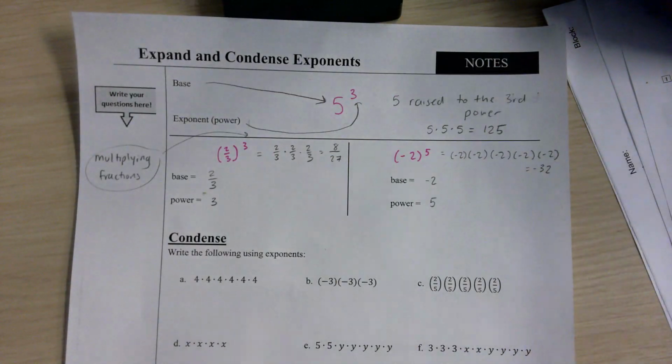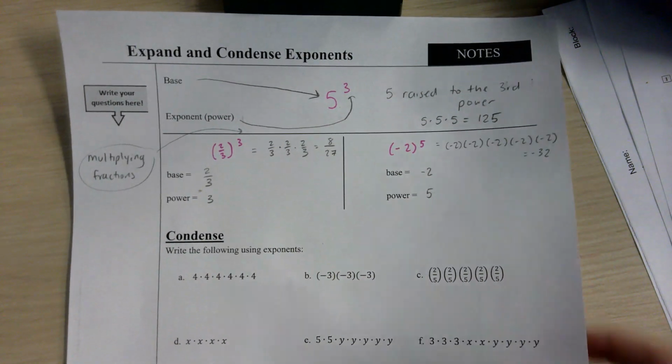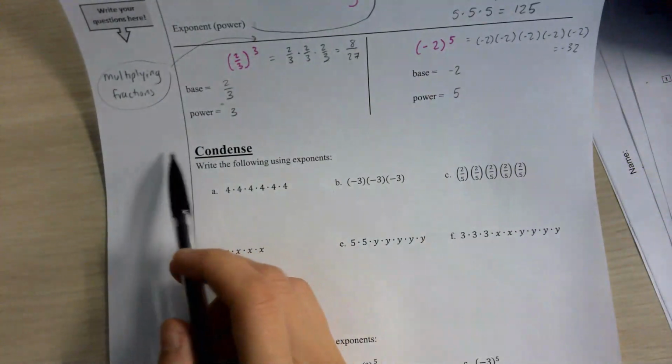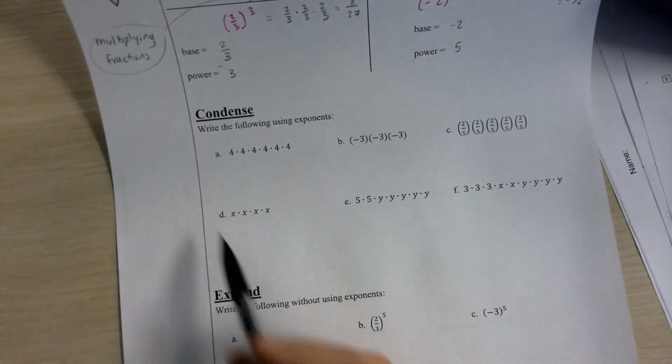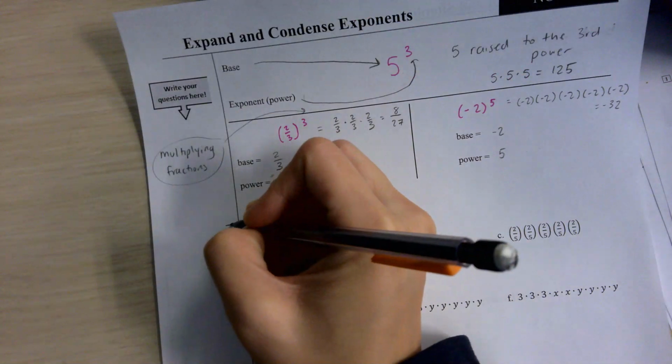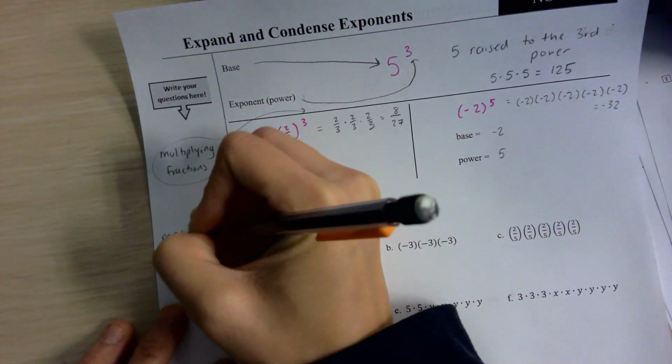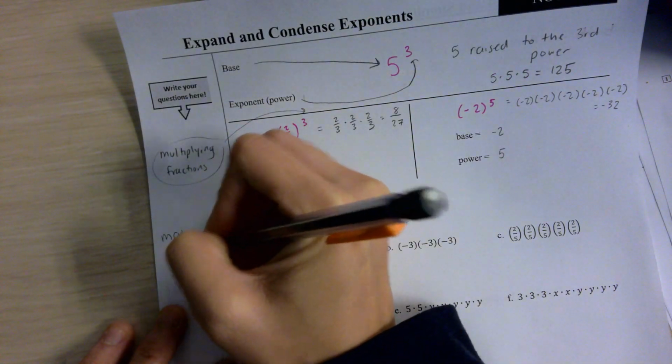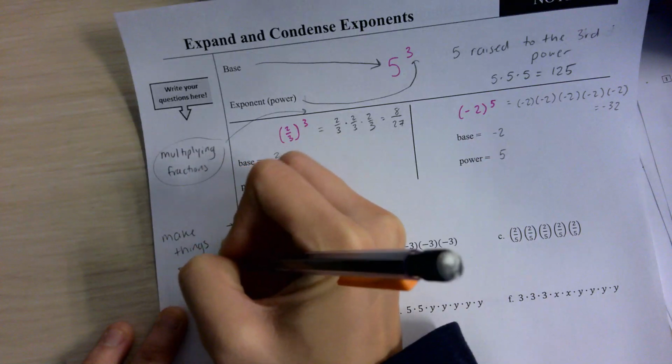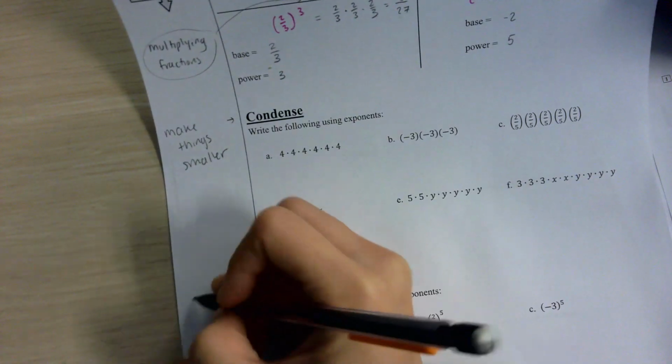So just getting used to base and power, being able to use those words fluently. Okay, so condensing and expanding, these are vocab words that you're going to see a lot. But condensing pretty much means make things smaller. And then expanding is make things bigger.